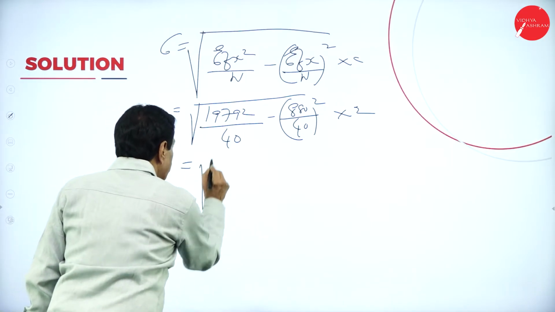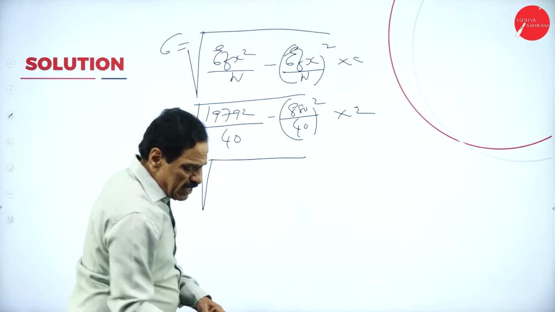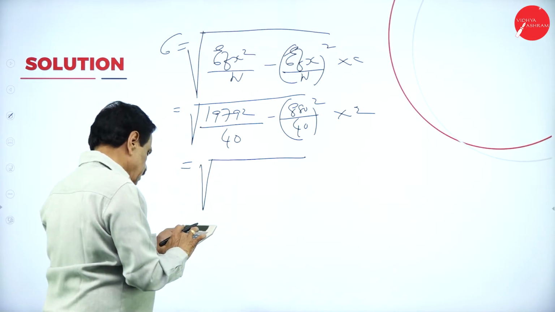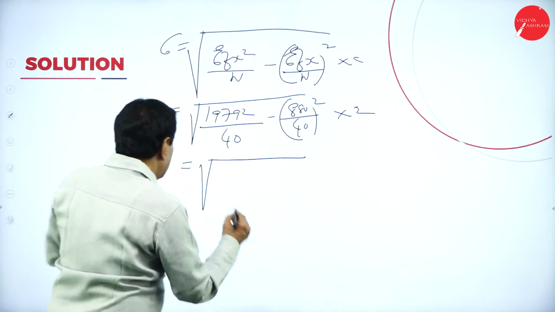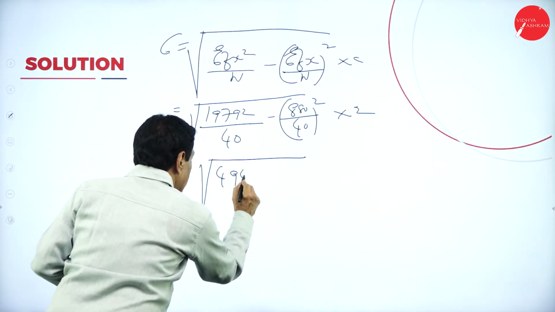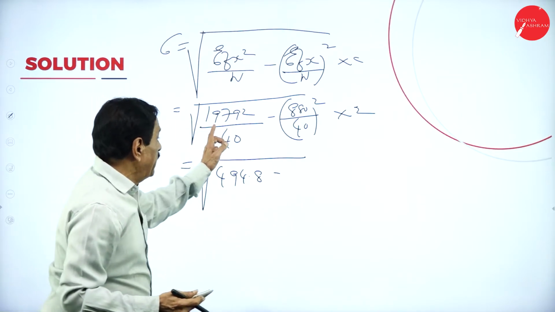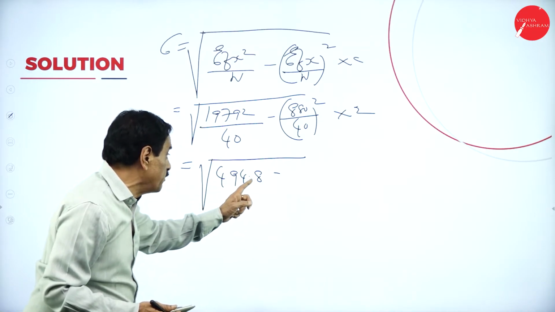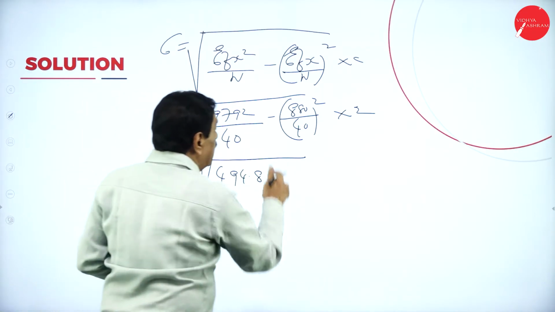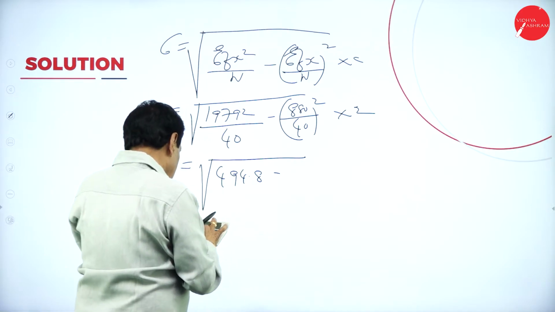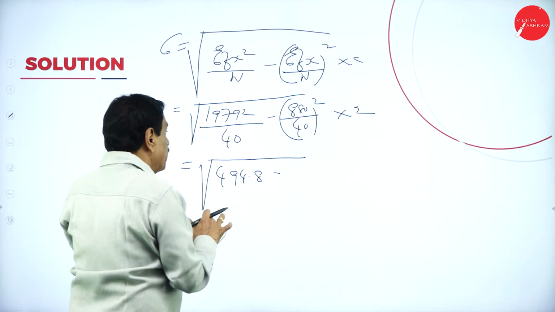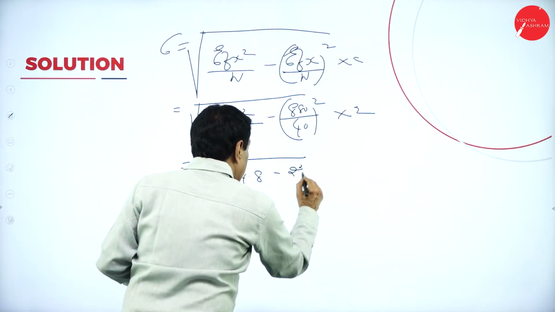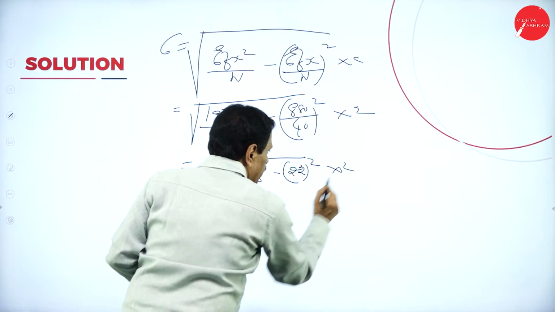Simplify this. 19,792 divided by 40 is 494.8. 880 divided by 40 is equal to 22, whole square, into 2.